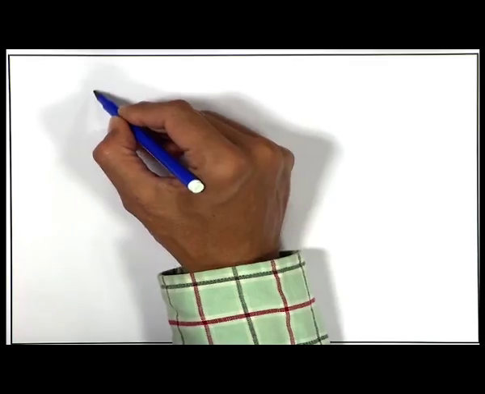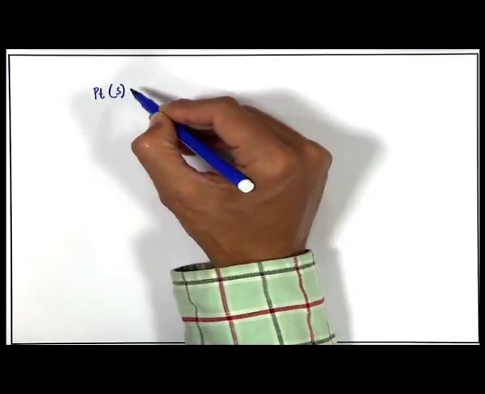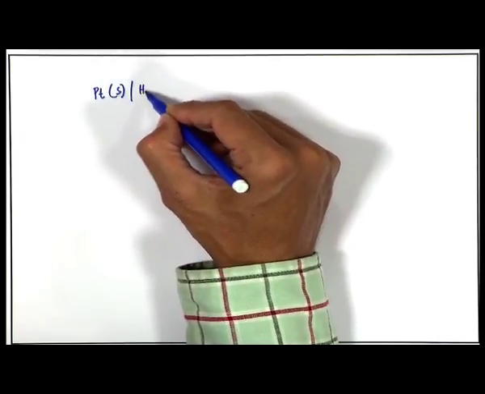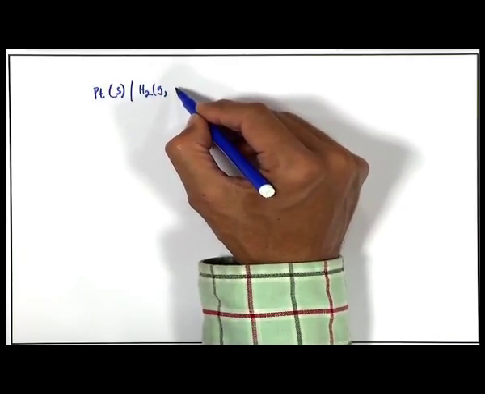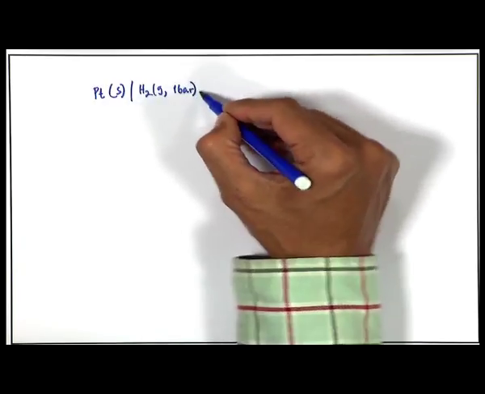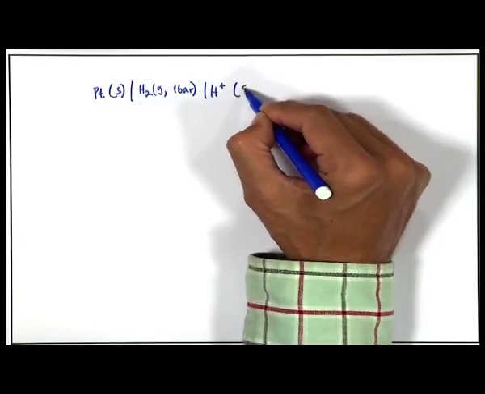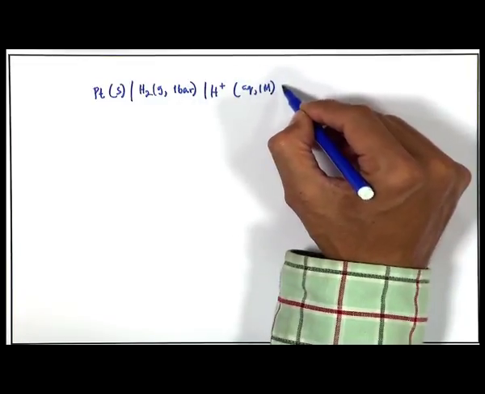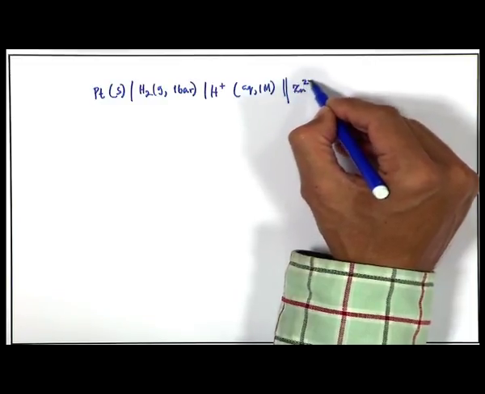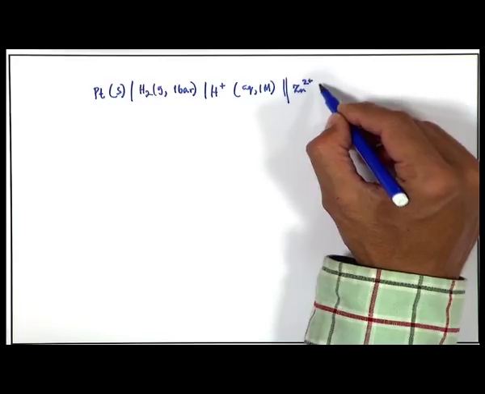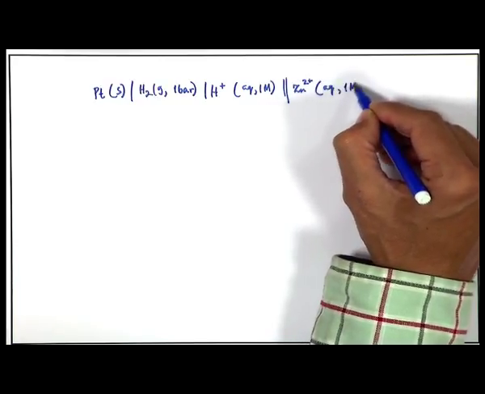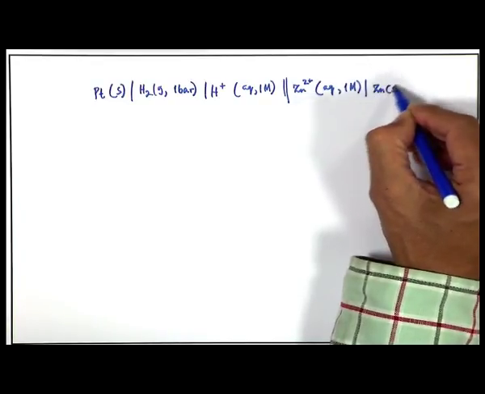Now, similarly, how will you get the half cell potential for this zinc 2+ system? The prescription is the same: you construct a cell, platinum solid, coupled with the hydrogen electrode, H2 gas at 1 bar pressure, then H+ aqueous 1 molar, then zinc 2+ aqueous maybe 1 molar, then zinc solid.